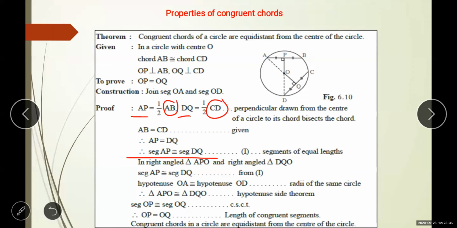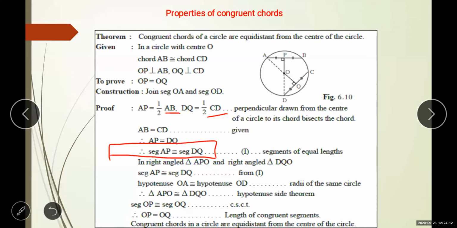So AP is equal to DQ. This AP and DQ are also congruent, because we took AP as half of AB, DQ as half of CD, and it is given that AB and CD both are congruent. Obviously their halves are also congruent, so segment AP is equal to DQ.